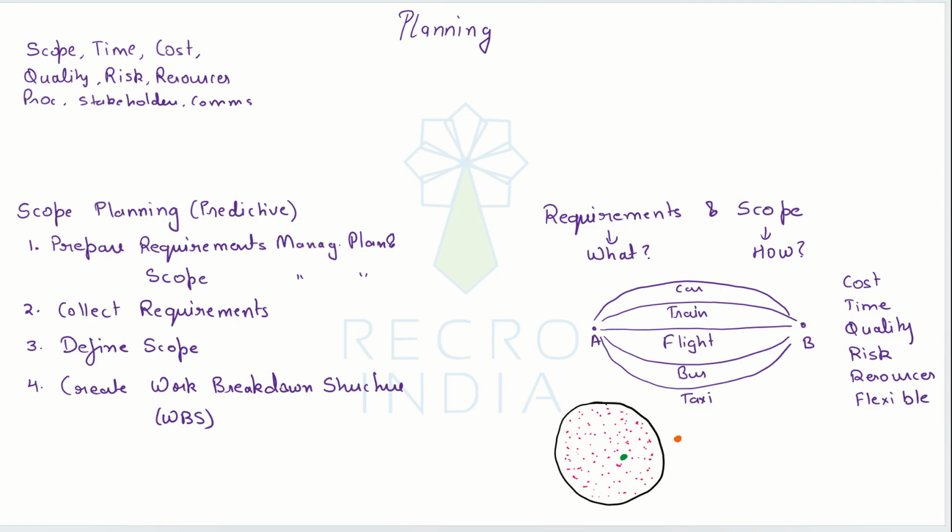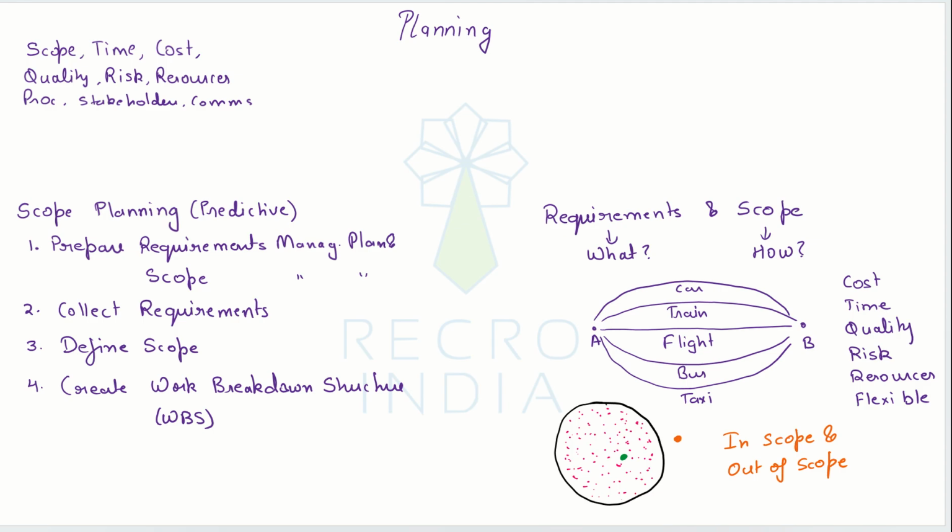So this is something that we have to clearly agree upon at the very beginning of the project, or once we have got the requirements and we are at a stage of defining the scope, that what is in scope, and at the same time what is out of scope, which we will of course discuss in more detail once we talk about these individual planning steps in the upcoming videos.